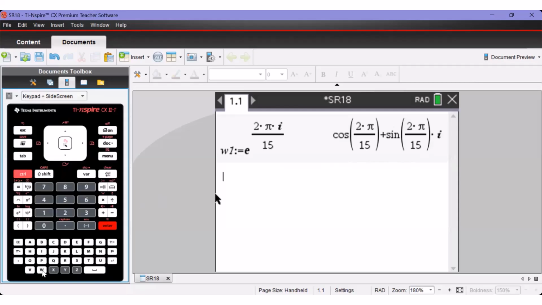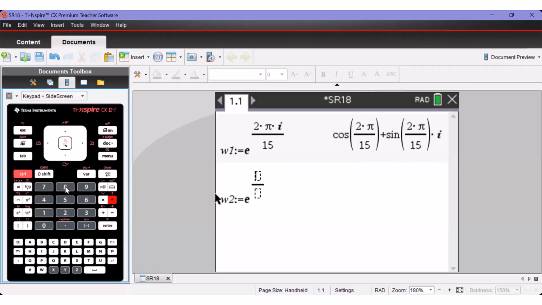Now let's enter W2. W2, control symbols template. Now W2 is going to be, we press E to the X button, then control divided by for the fraction template.